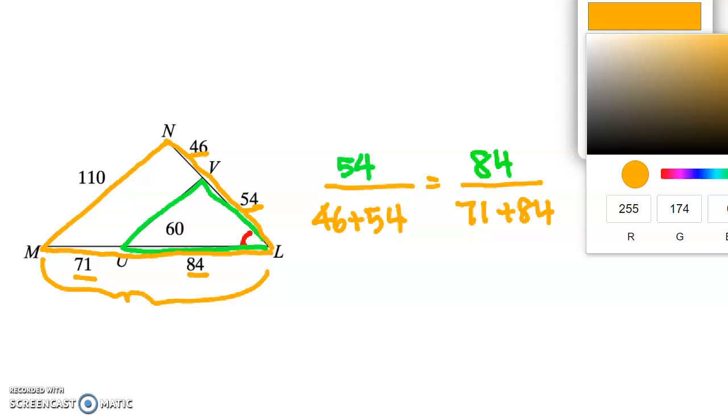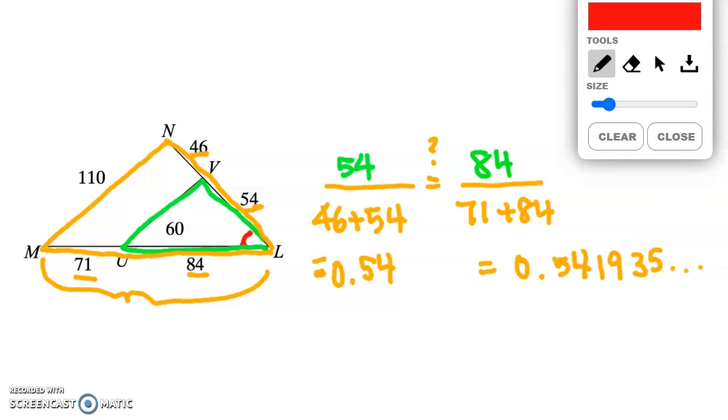Okay, so then we need to make sure, is the ratio the same? So you can certainly use the calculator and figure that out. So when I use the calculator, this is what I get. I get 0.54 for the left ratio and I get 0.541935 dot dot dot for the right ratio.